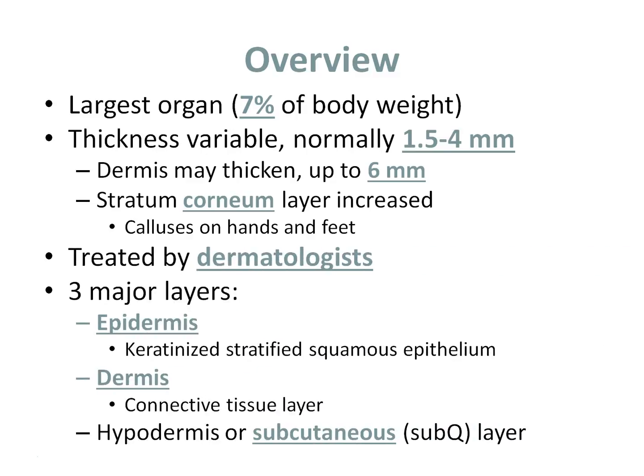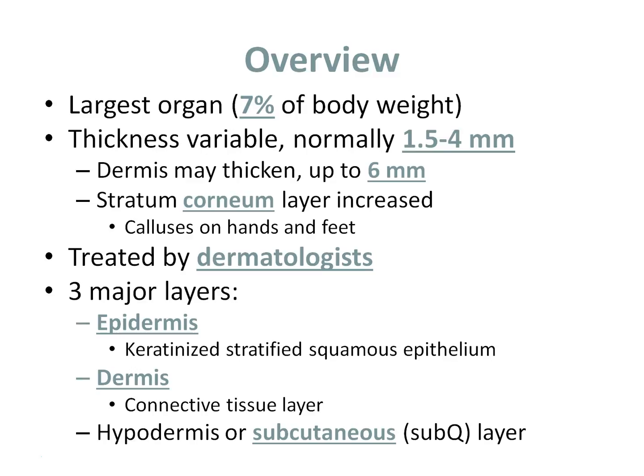The skin is treated by dermatologists and has 3 major layers. The epidermis is made up of keratinized, stratified squamous epithelium. The dermis is made up of connective tissue, 2 different types that we'll learn about in lab.